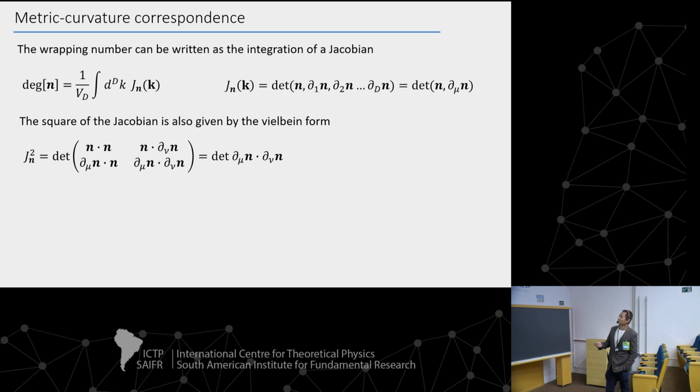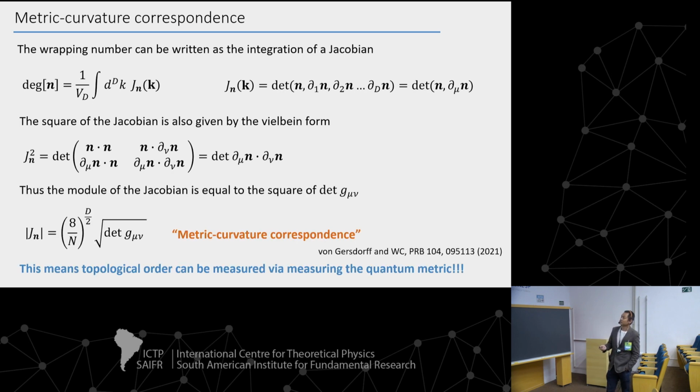And moreover, you know that these off-diagonal parts will vanish because the derivative of a unit vector is 0. So it turns out that it becomes the determinant of this derivative of the Fubini-Study form as well. So in other words, the modulus of this universal topological invariant is equal to the square root of the determinant of the quantum metric.